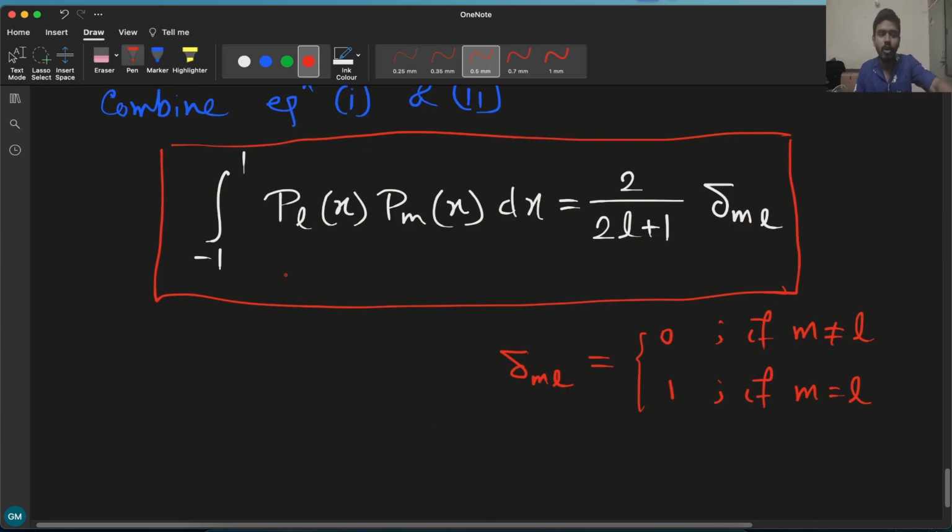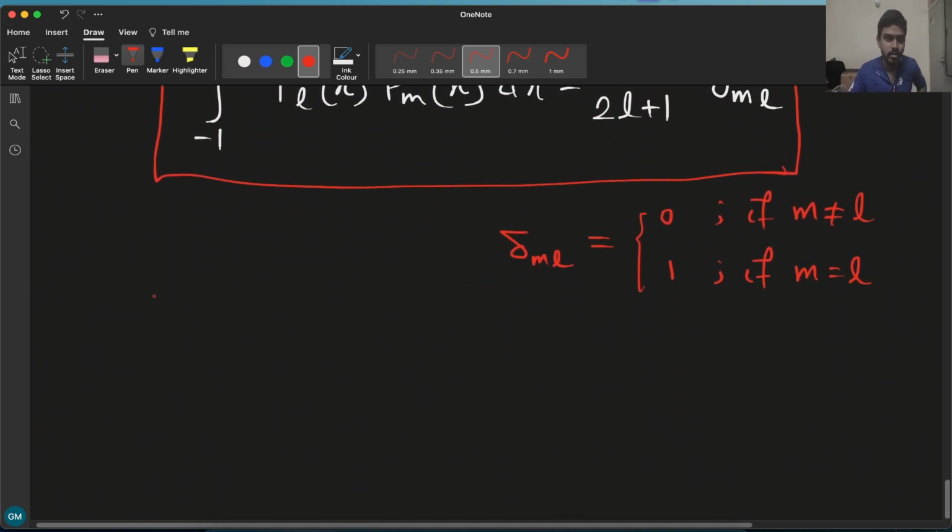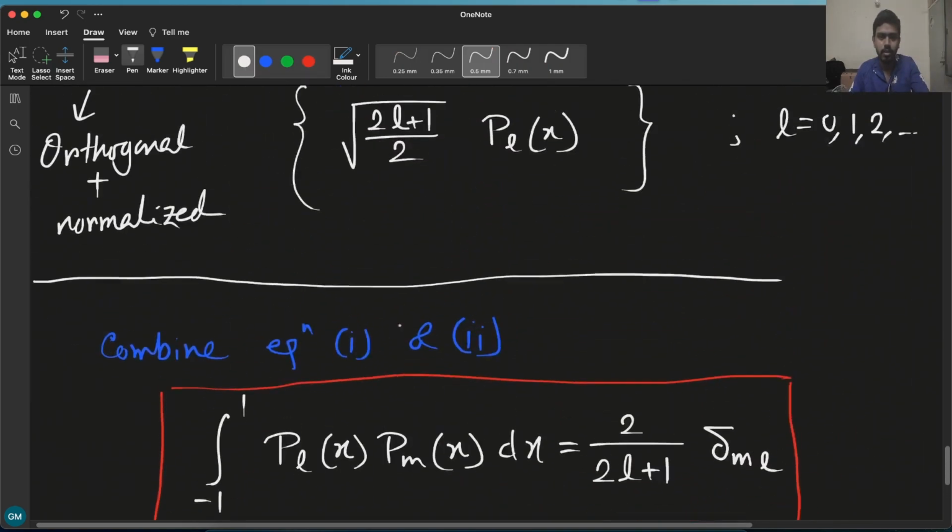So basically what we have proved, in this class and in the last class, if I combine them, is this.